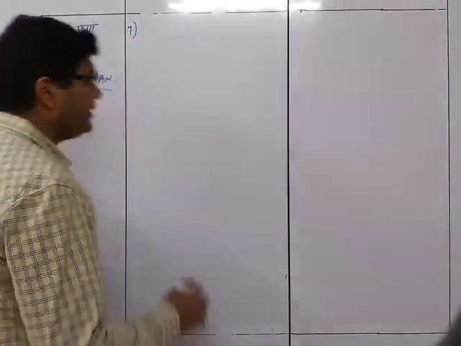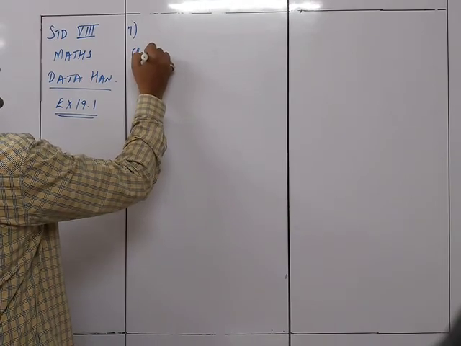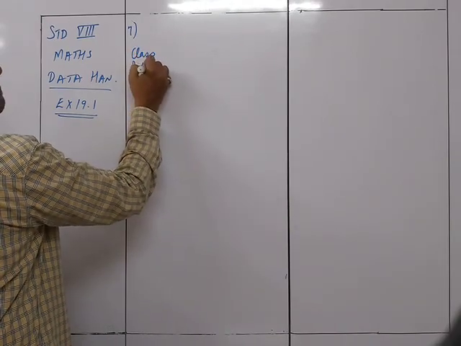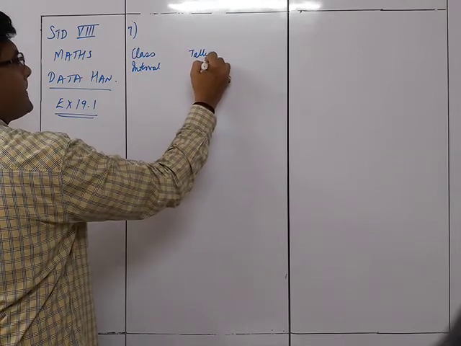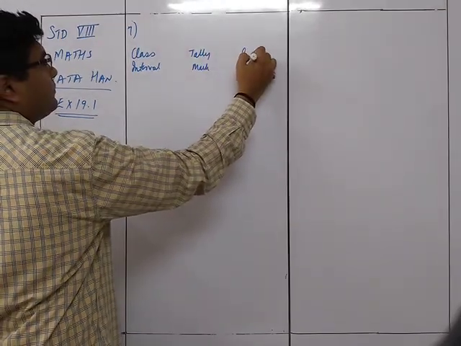So we have to start with class interval, tally mark and frequency.